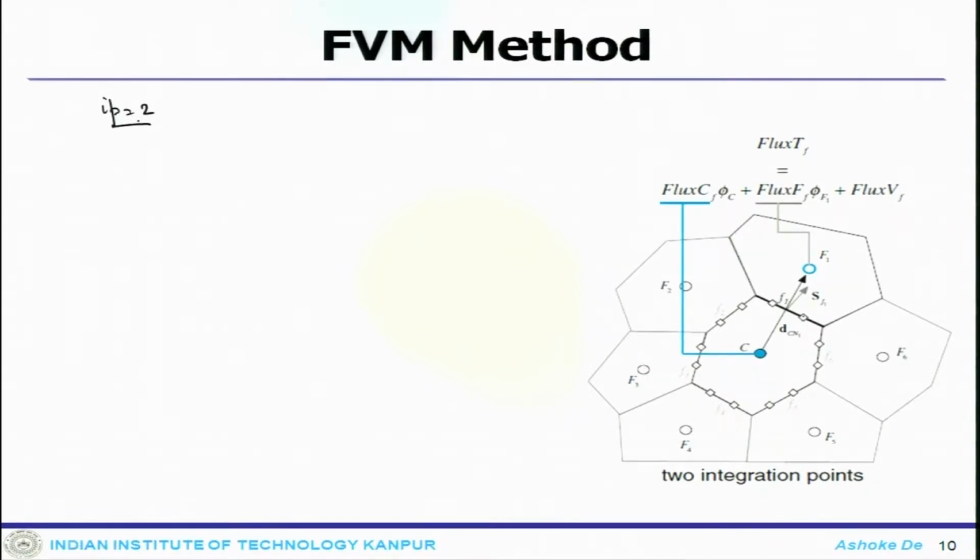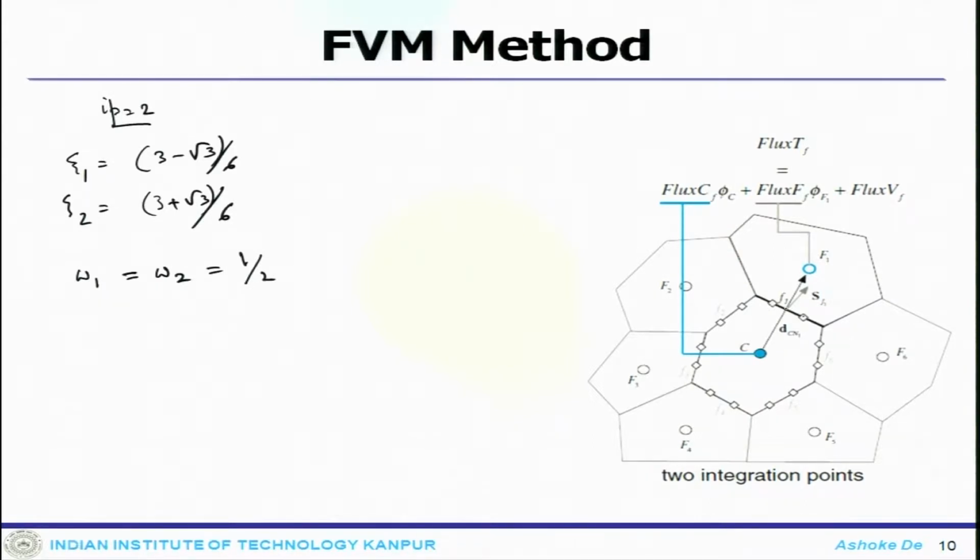If IP is 2, now my weighting functions are going to be different and I can get two different numbers, xi1 and xi2, and weighting function W1 equals W2 equals half. In the previous case I had one integration point, so W1 was 1.